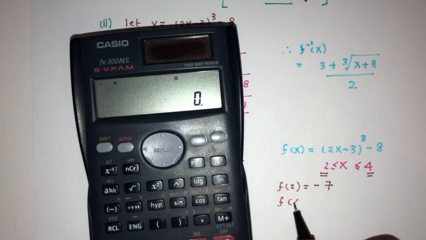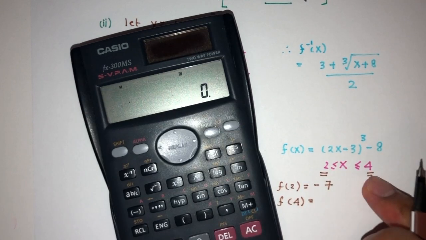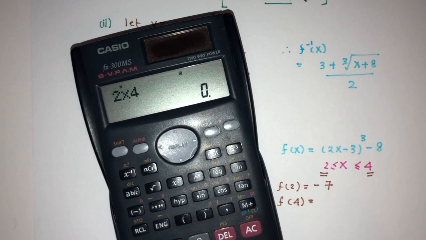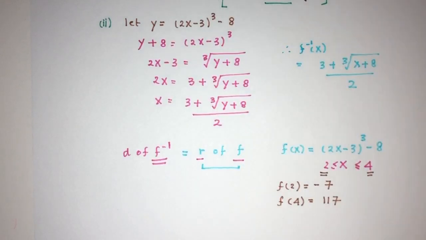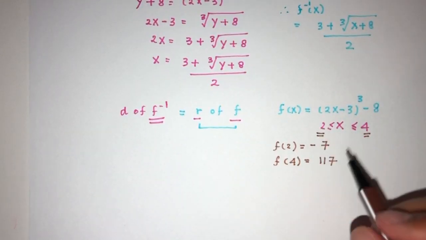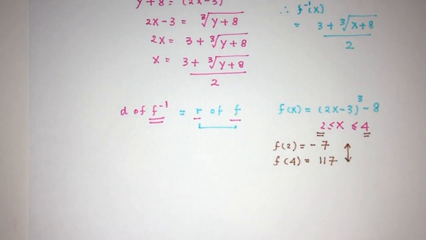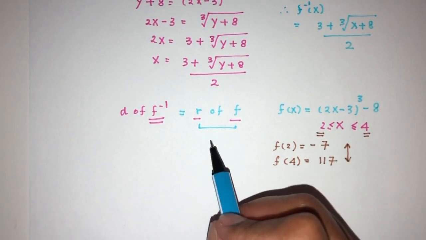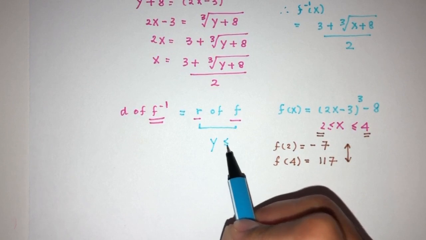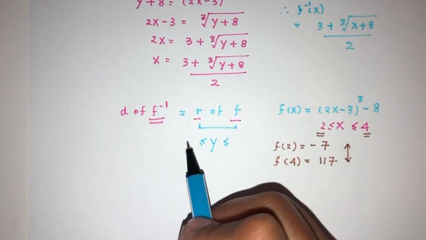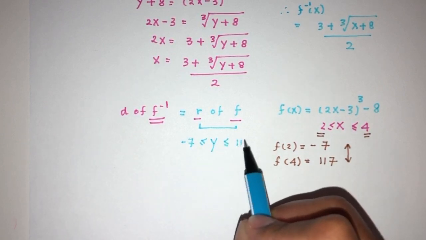Now f of 4, that will be what? So (2 times 4 minus 3) to the power 3 minus 8. That will be 117. As you can see, the function f of x is between those values. So the y value is between those two, right? So we conclude that the range is y between minus 7 and 117.